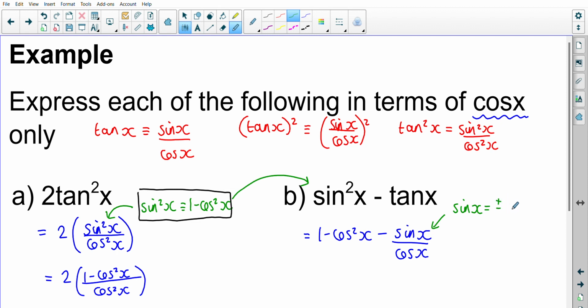Now, when I square root, I'm going to have a plus or minus. So I'm going to change the numerator for that. It's going to be minus and then plus minus square root of 1 minus cos squared x over cos x. Not very nice, but we've written it in terms of cos x.